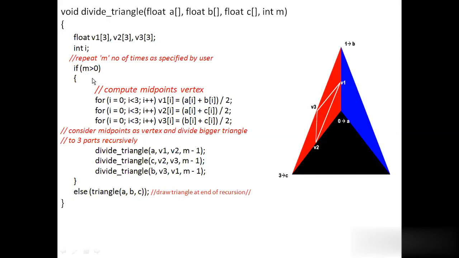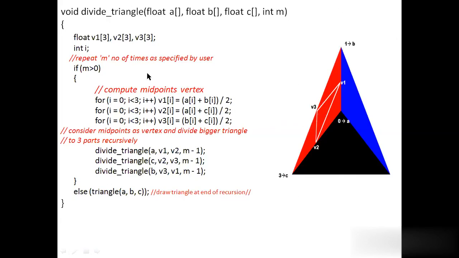An important thing here is to compute the midpoint vertex. Here we have considered three different points, A, B, C. Now how to compute these things? You can see the vertices 0, 1 and 3 are renamed as A, B and C, and I have considered the vertices V1, V2 and V3.